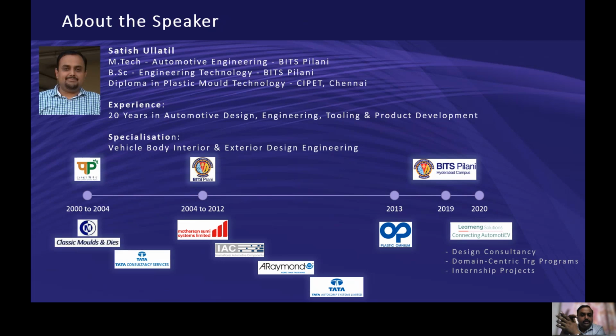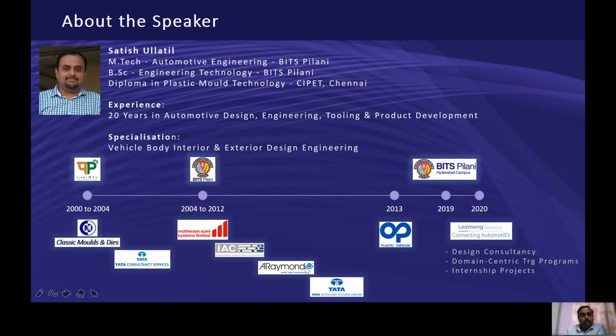After a couple of years, I felt stagnated and bored to a large extent, and I had to come back to my technical area of expertise. Thus, I got an opportunity to work with some of the leading tier 1 organizations in India, such as Samvardhana Motherson, IAC, Raymond Fasteners, and Tata Auto Components.